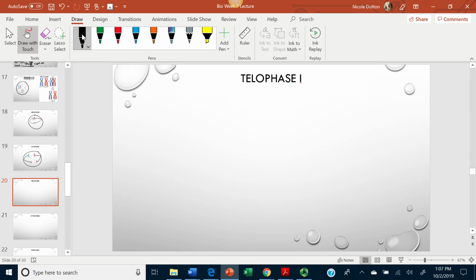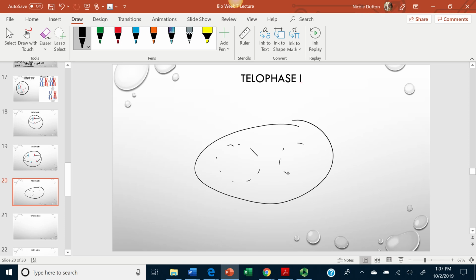Telophase 1, new nuclear envelopes form. And remember, these are crossed over chromosomes.